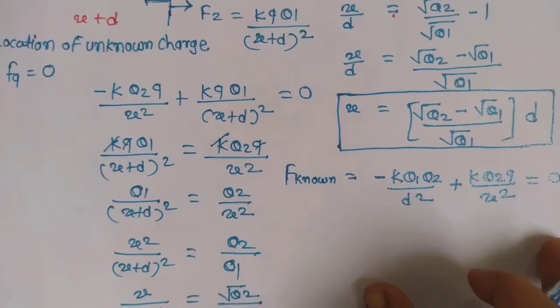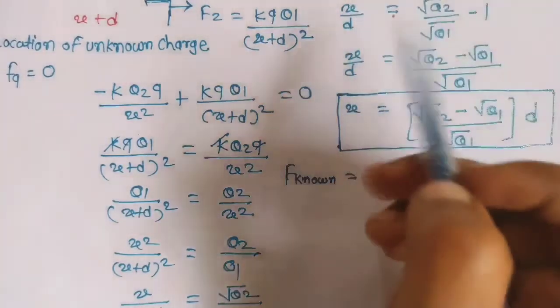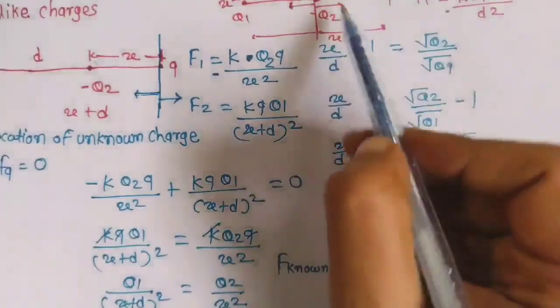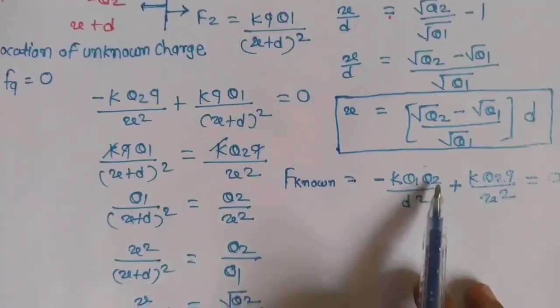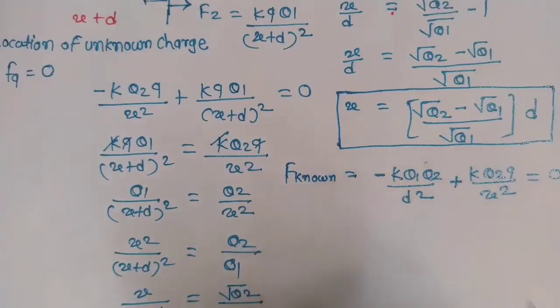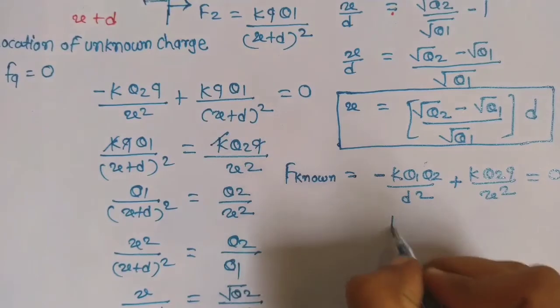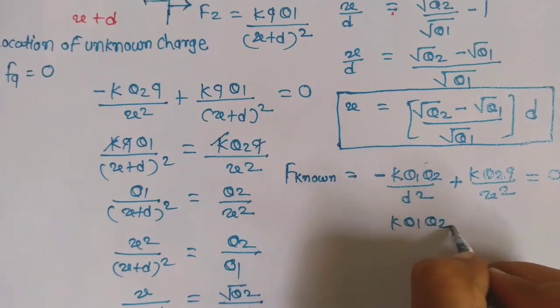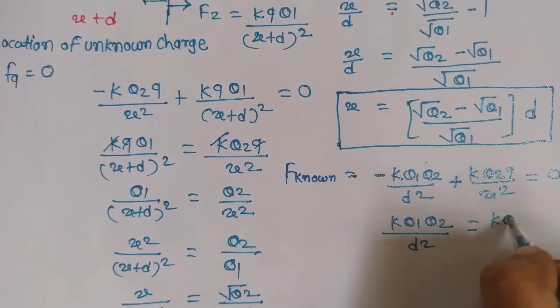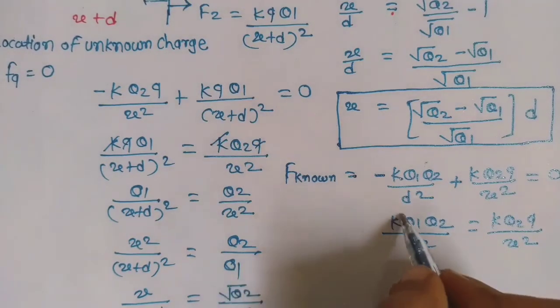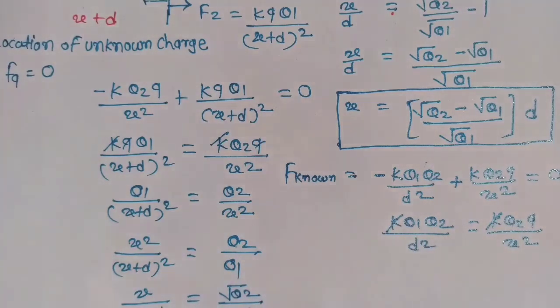So we can simply equate when both have opposite direction, like that. We simply equate both, so we need not take this step. So we can write it as k Q1 Q2 upon d square is equal to k Q2 Q upon x square.